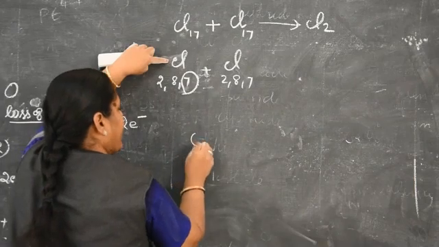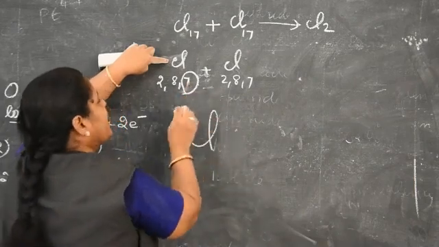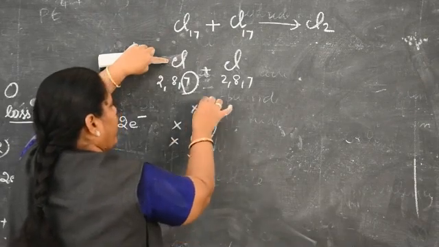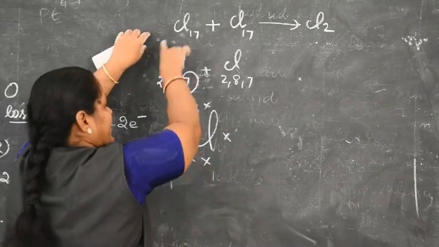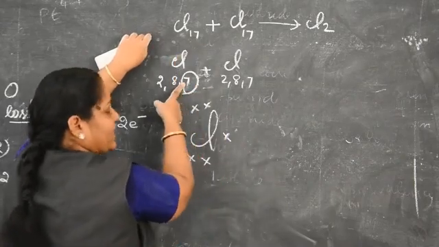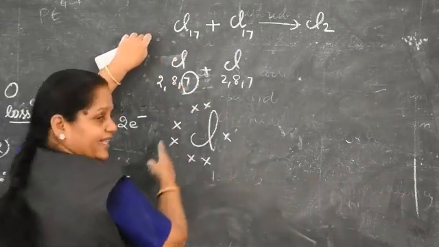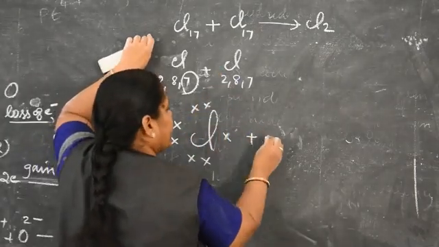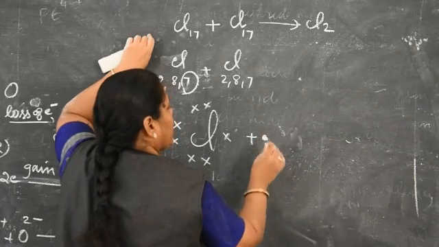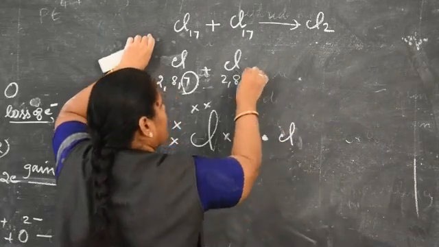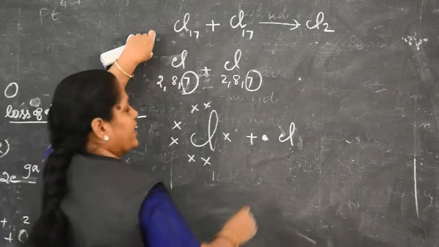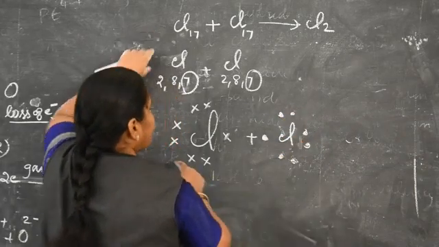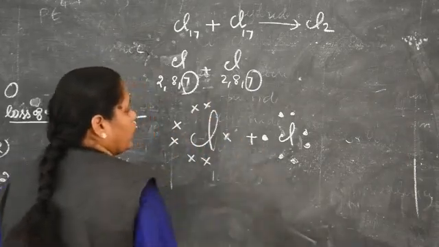Now I represent the valence electrons in dot form: 1, 2, 3, 4, 5, 6, 7. In the chlorine atom, the valence electrons are 7, represented like this. In the other chlorine atom also, for differentiating both atoms, I write the electrons in a different manner. So these are the valence electrons for these 2 chlorine atoms.